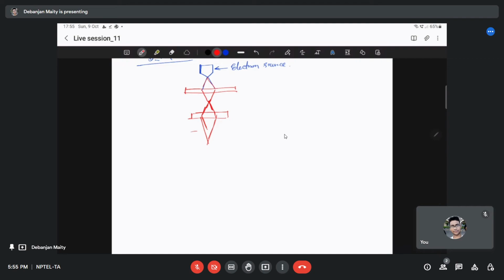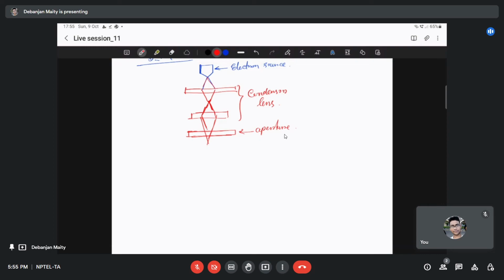And then this will be your aperture, which will screen the excess electrons. This is your condenser lens, where it is focusing the beam in a much more controllable way.